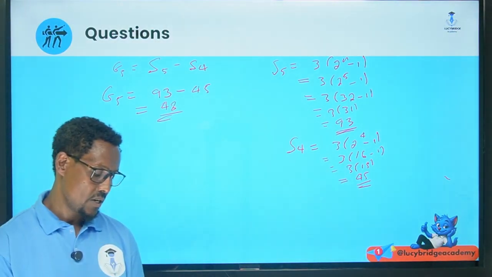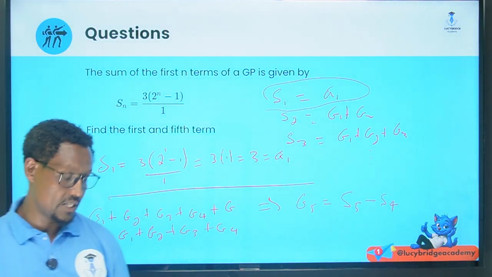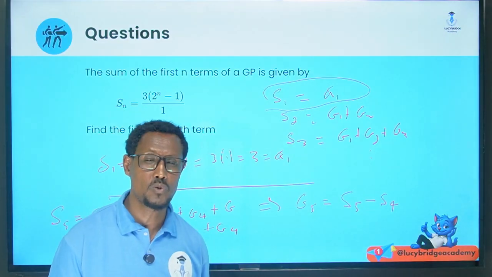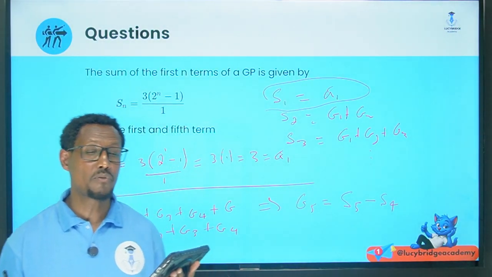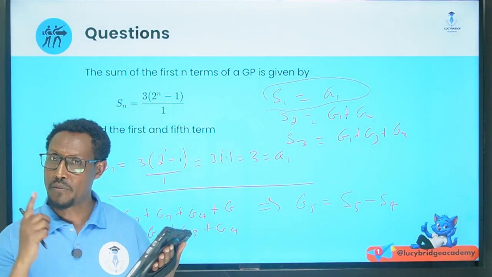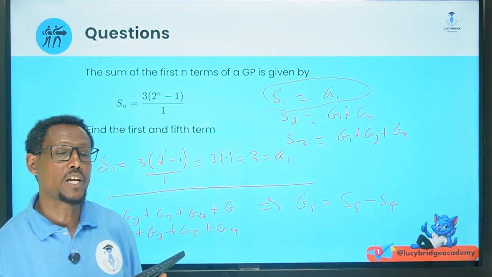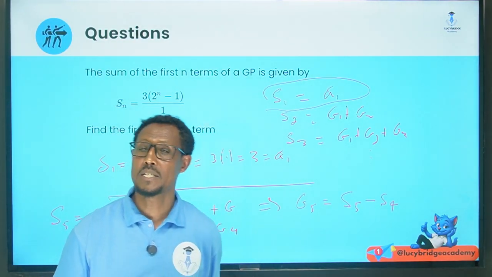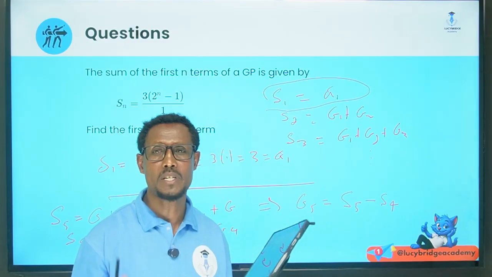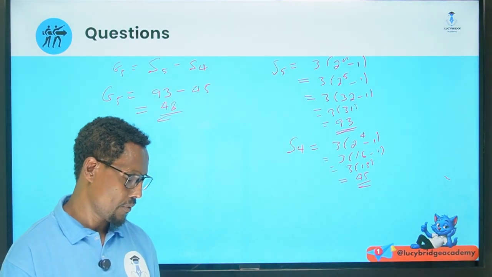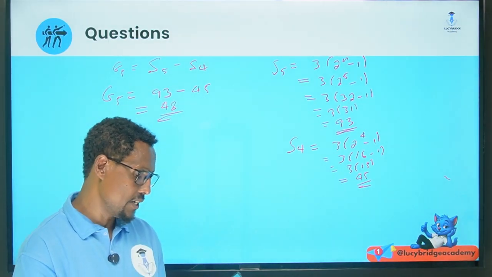Look, we can find the sum of the first 5 terms, and we can find the sum of the first 4 terms. The sum of the first 5 terms minus the sum of the first 4 terms gives us what? The fifth term. In general, the sum of the first n plus 1 terms minus the sum of the first n terms gives us Gn, the nth term. Let me write it here.